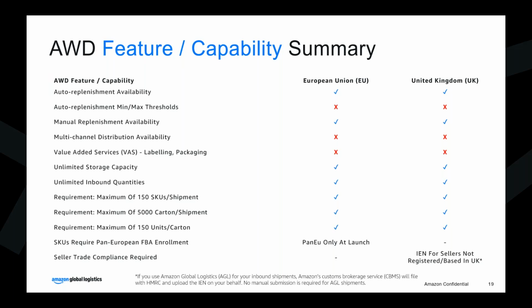Later on it will change, but for now you would need to have your VAT registration in 2 different EU countries, and also your SKUs that you're planning to ship must be pan-EU eligible. Yeah, looking at the UK marketplace, is there the seller trade compliance required? The EIN for sellers not registered or based in the UK is not required.